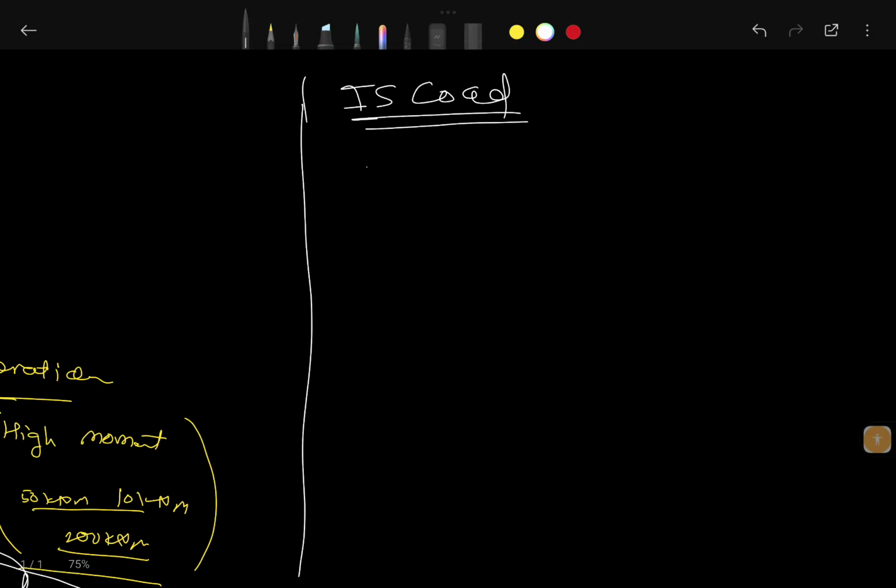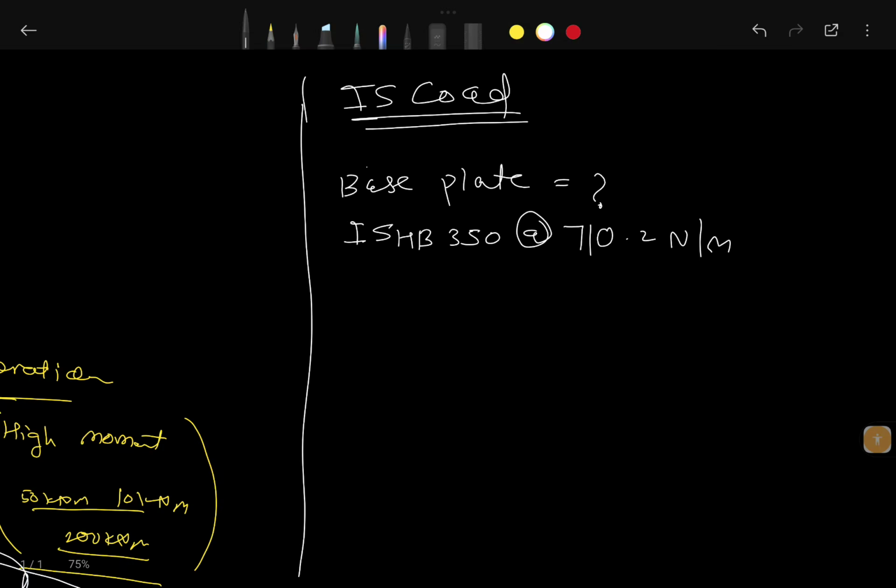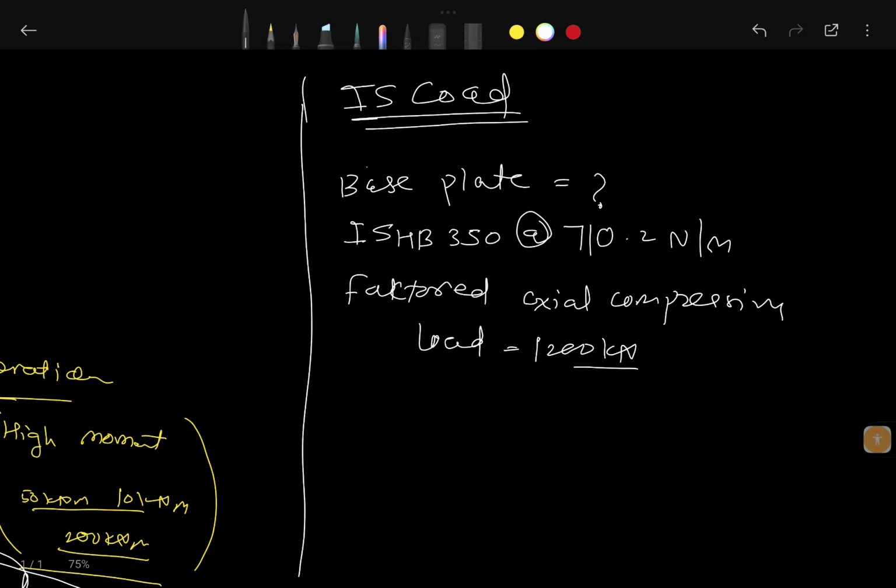In the given data, the base plate size we don't know. The column size is ISHB 350 at the rate of 710.2 Newton per meter. The column carries the following loads. First, factored axial compressive load, we have considered 1200 kilonewton.